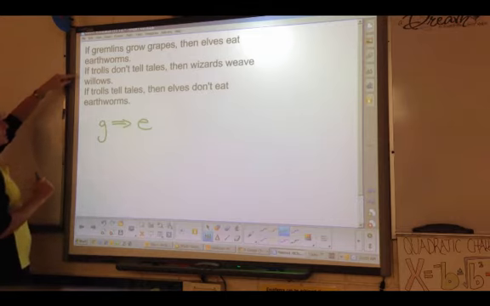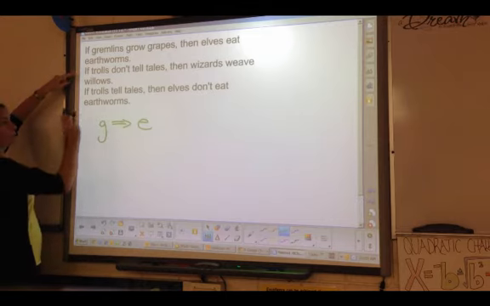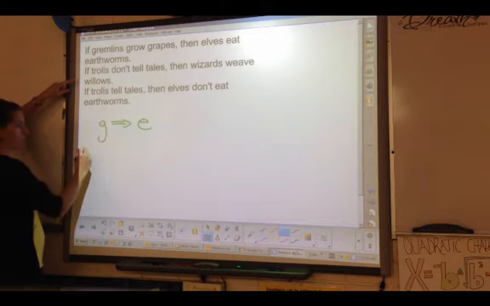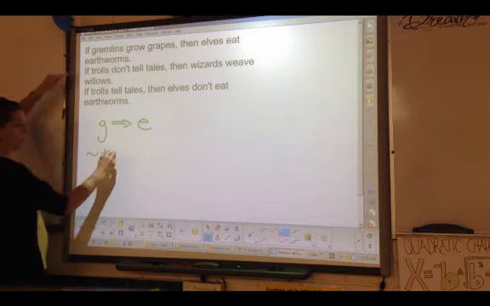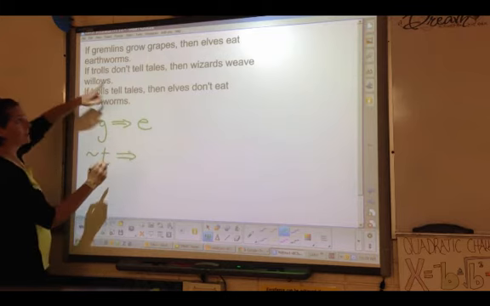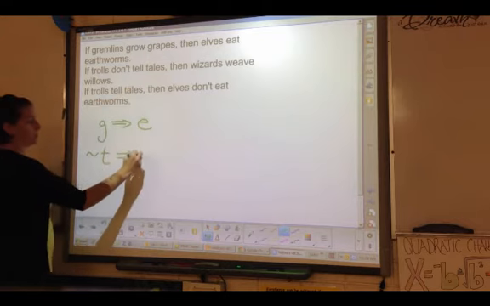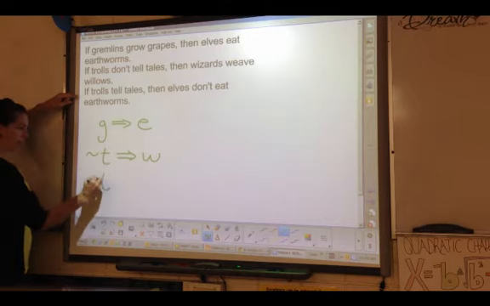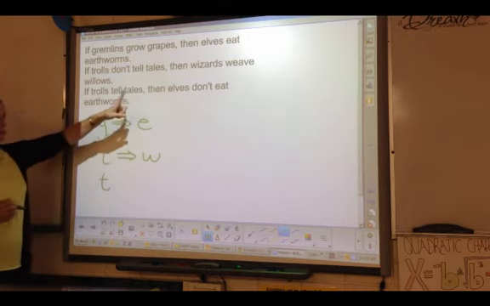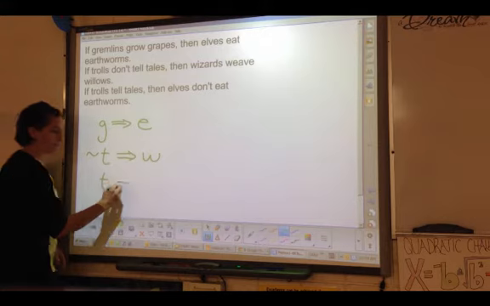The second statement tells me if trolls don't tell tales, so if not T, right, we have that negation in there, implies, then wizards weave willows. It's not a negative, right, it's just a W there. If trolls tell tales, so that one's a positive, then elves don't eat earthworms.